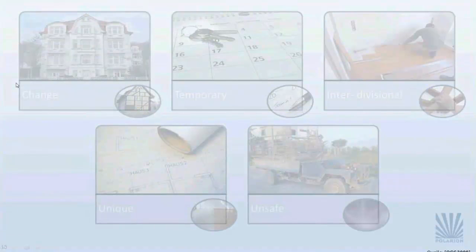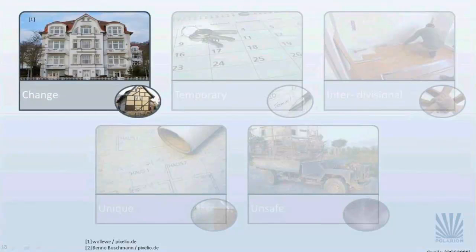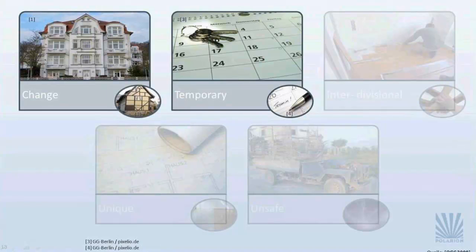Well, projects, for example, are used to have some change, to add something into your company or to fulfill something for a customer. So you have some changes. That's one part of what projects are. Projects are always temporary. So you have some start date and an end date.